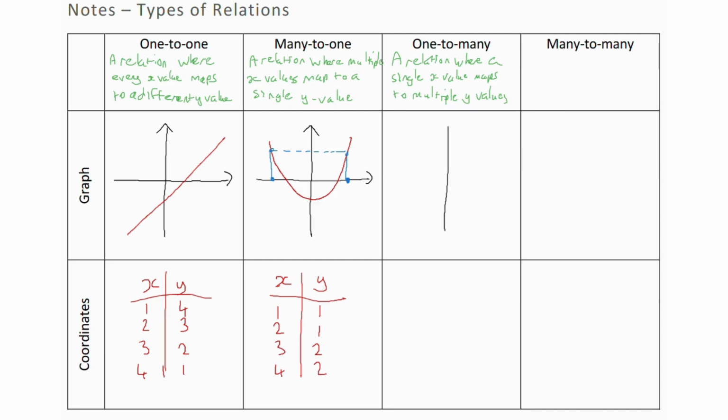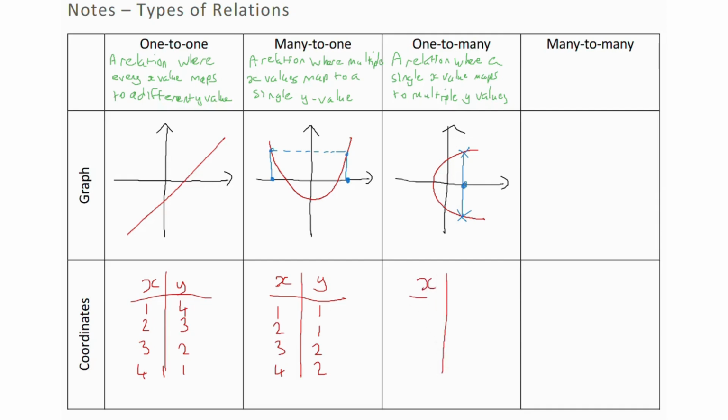So as a graph, this might look like your sideways parabola, something like this, because in this case a single x value maps to 2 different y values. So one x value goes to many y values, as opposed to many x values go to a single y value.